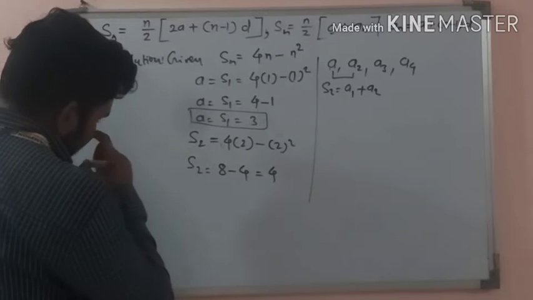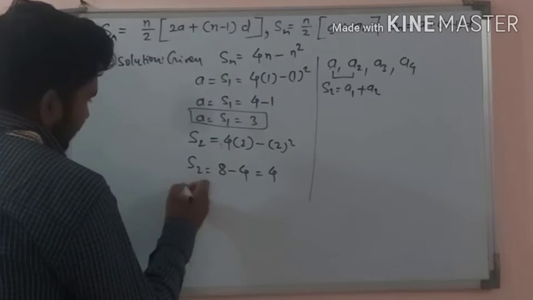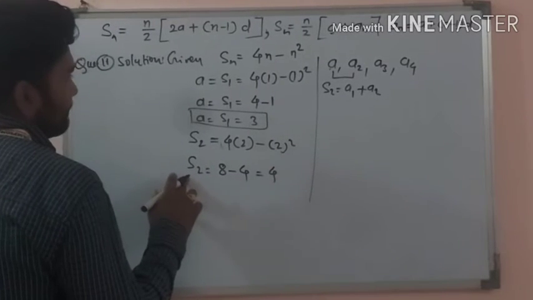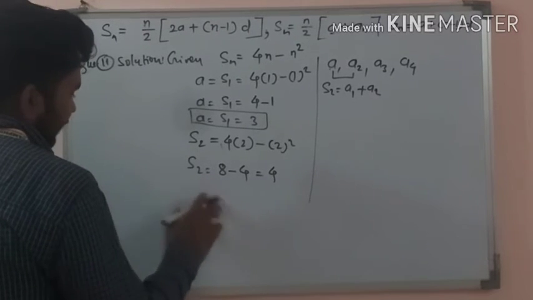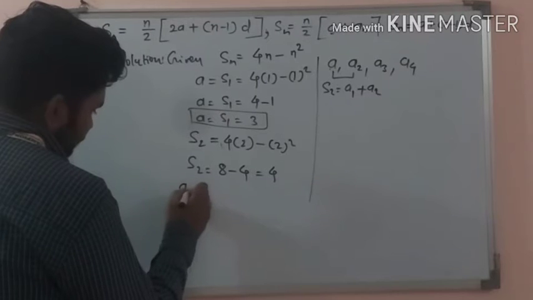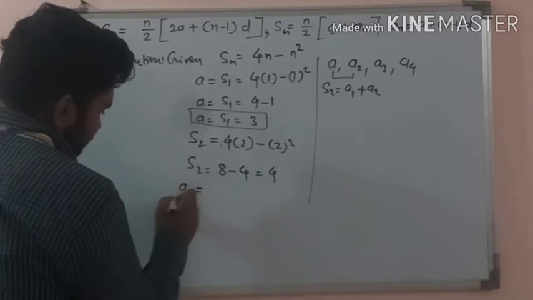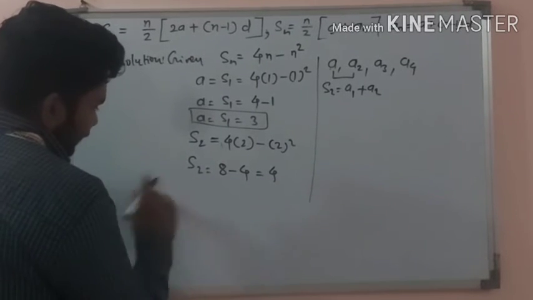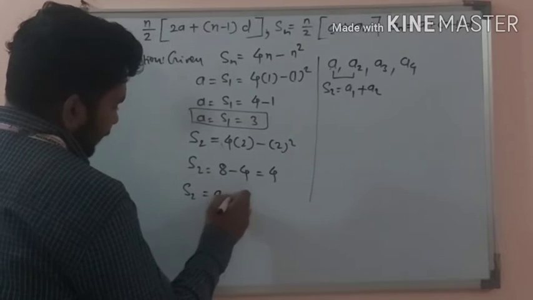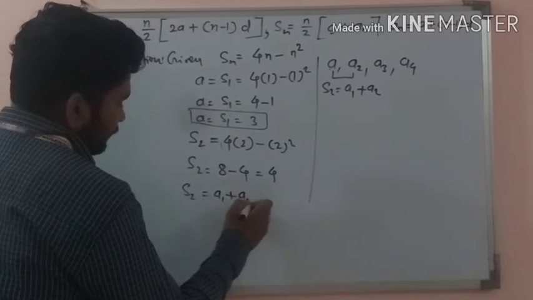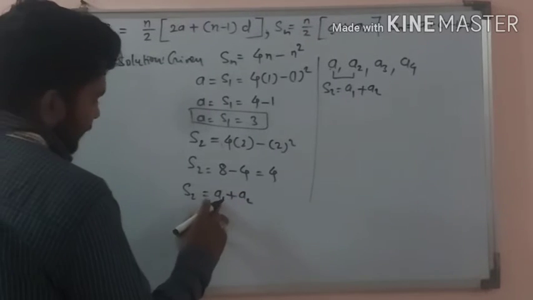And what is the second term? The second term is given by S2 is equal to A1 plus A2. So what is A1?